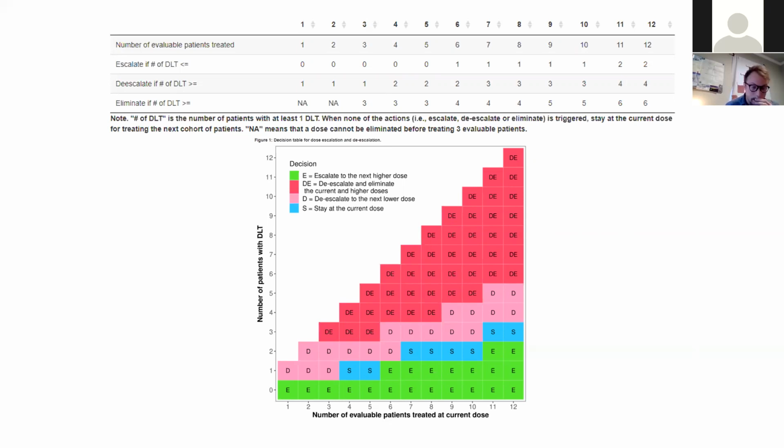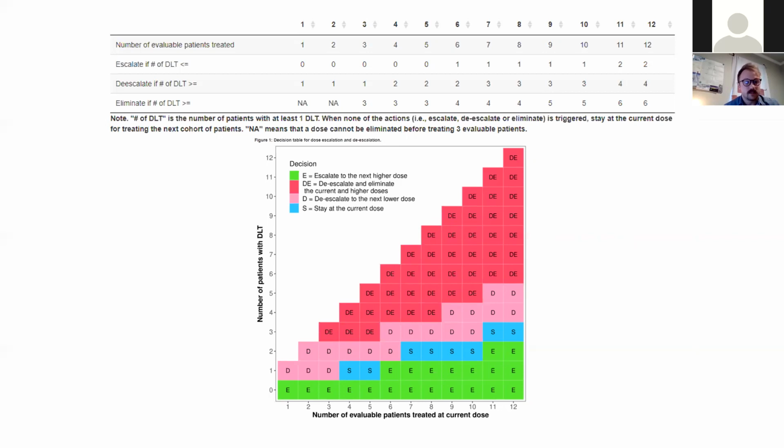So we can already say we're going to treat 30 patients off the bat, which isn't necessarily something that we can do with the 3+3 trial. We're going to stop the trial if 12 patients are dosed at a certain level, and we're shooting for a target toxicity of 0.25. So we can already say what we want our toxicity rate to be.